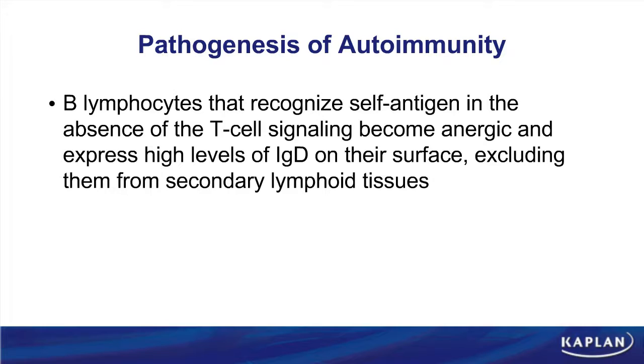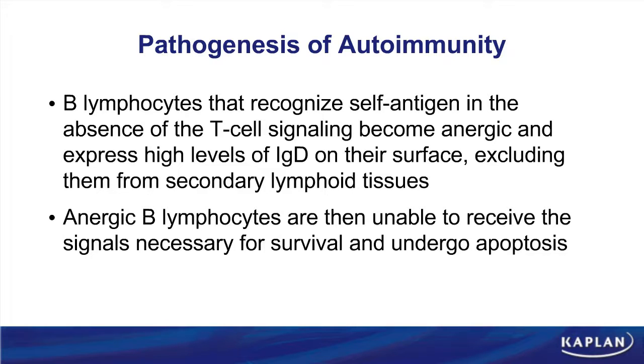And these anergic B cells can express high levels of IgD on their surface, and that is one of the signals that excludes them from the secondary lymphoid tissues. These anergic B cells then cannot receive the signals necessary for survival.